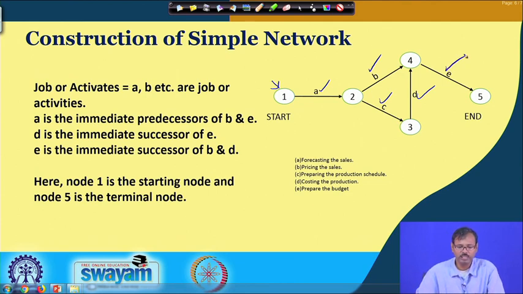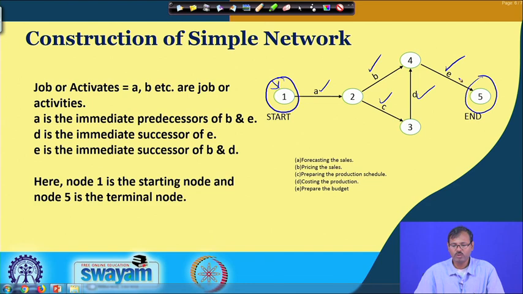So, different activities have some predecessors, and those immediate predecessors are already listed in the previous slide, and you can see the starting node is this one and the ending node is this one.